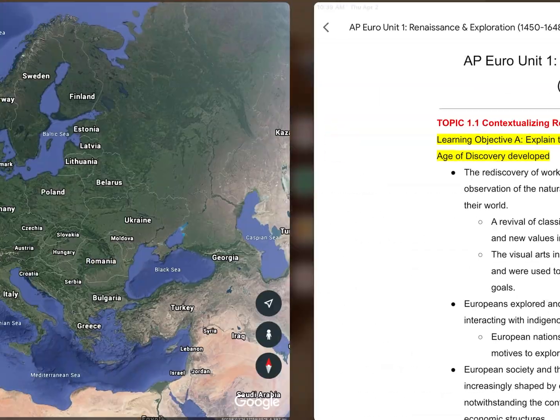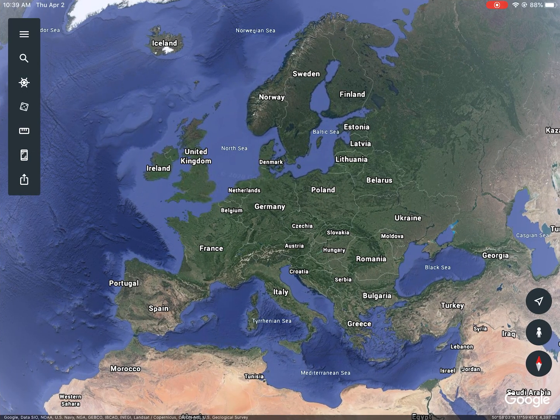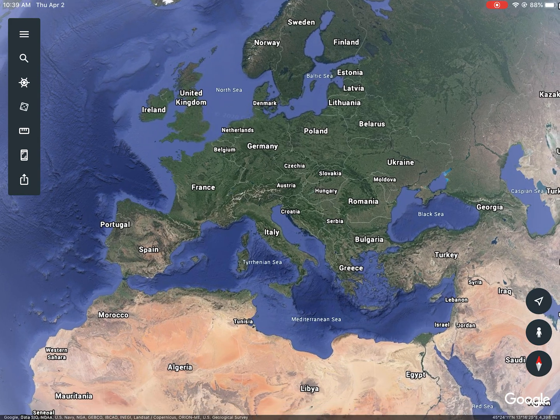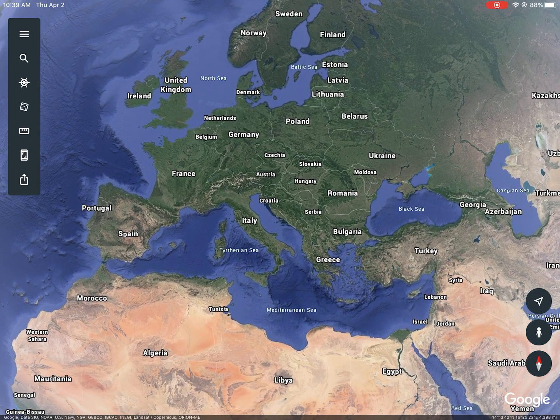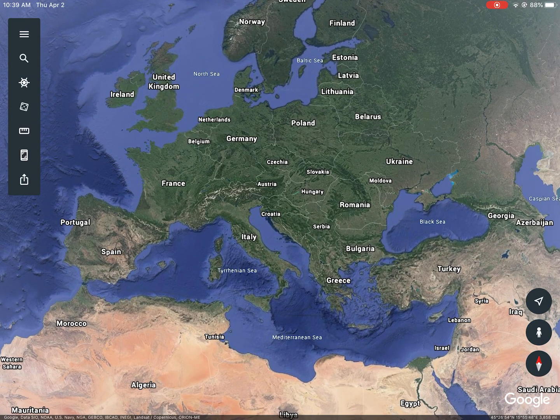If we're looking at Europe and trying to understand Europe, what's happening before 1450? It would be really important for us to understand some things about geography. First of all, this is Google Earth, and we're looking at a modern map of Europe with all the modern boundaries.